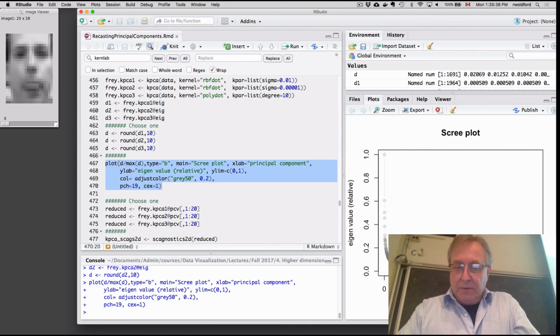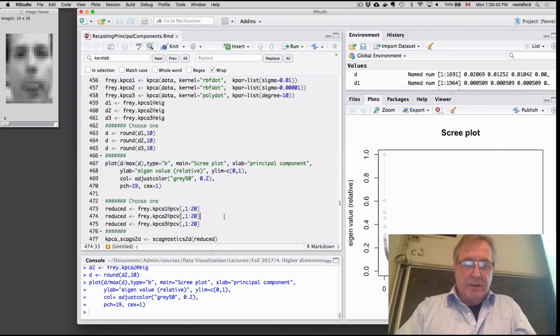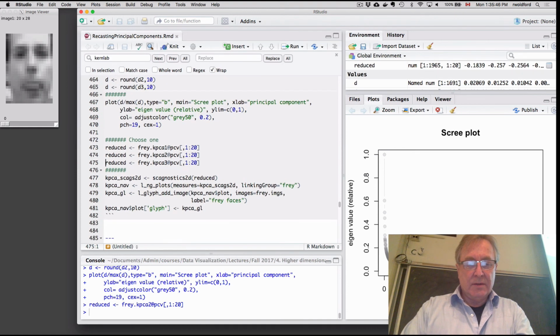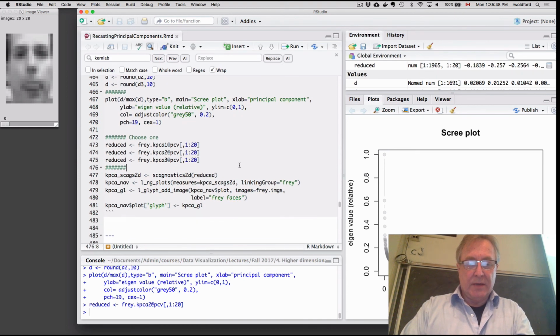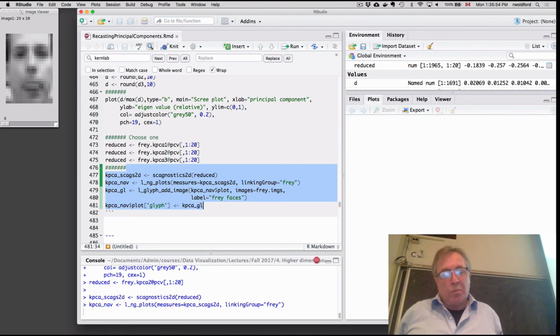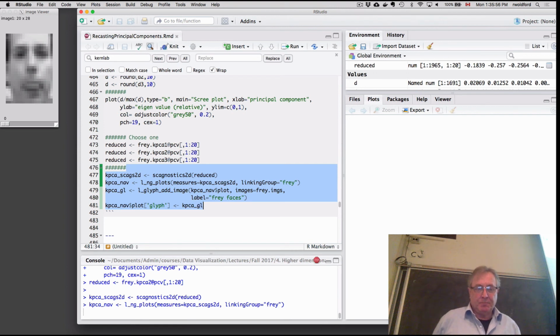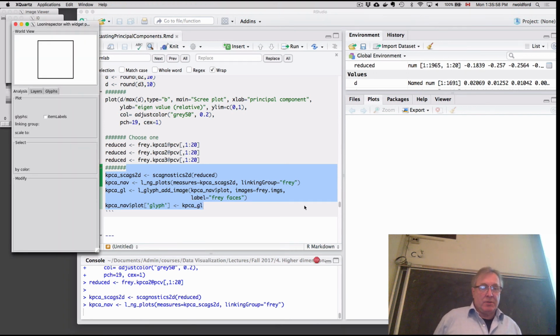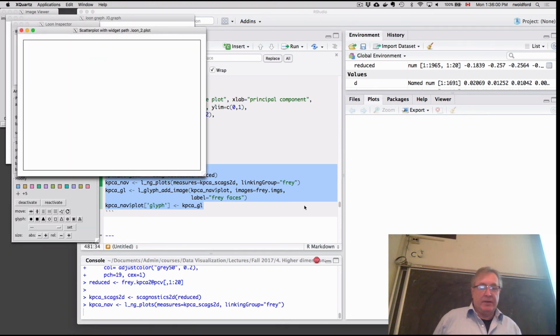So, as I said last time, we'll look at 20 points. So I'm going to take reduce to be the first 20 points of this and do the scagnostics on that. Evaluate all of these and have a look at the data. So this is kernel principal component analysis on the Frey image data.